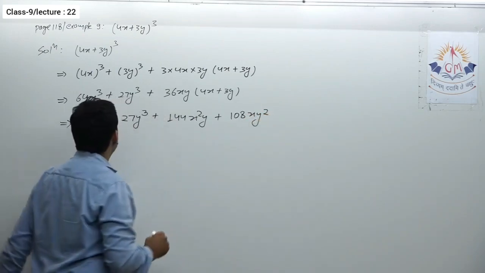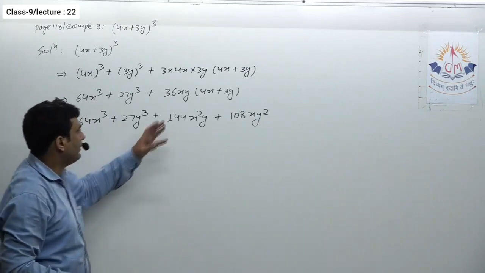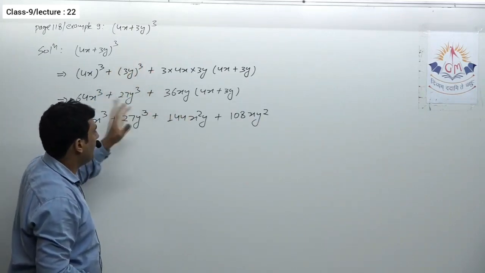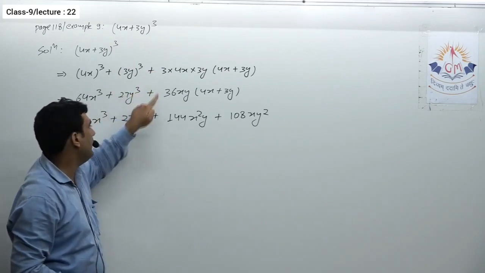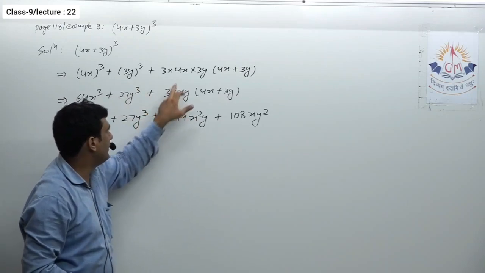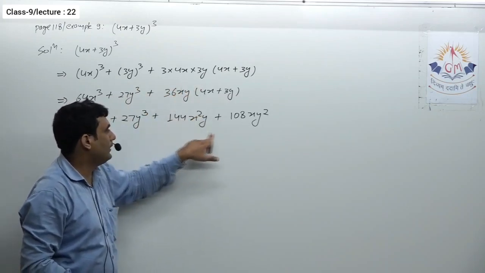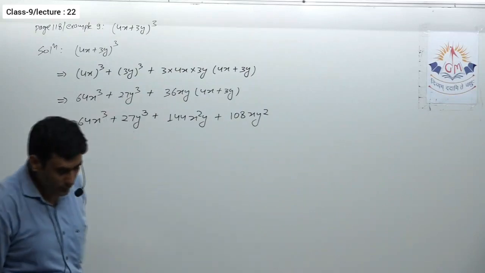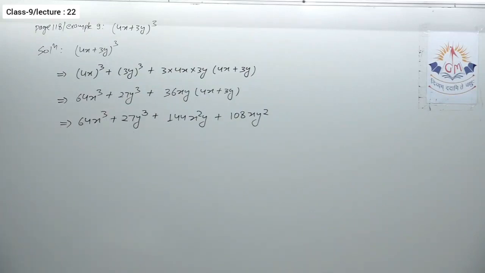So this is the final answer. So we can say it takes maximum 2 or 3 steps. First is the question and remaining 3 steps. Here I applied the identity, here I simplified these two as well as this, and then I multiplied. So here I got my final answer. Please note it down, then we'll see the next question.